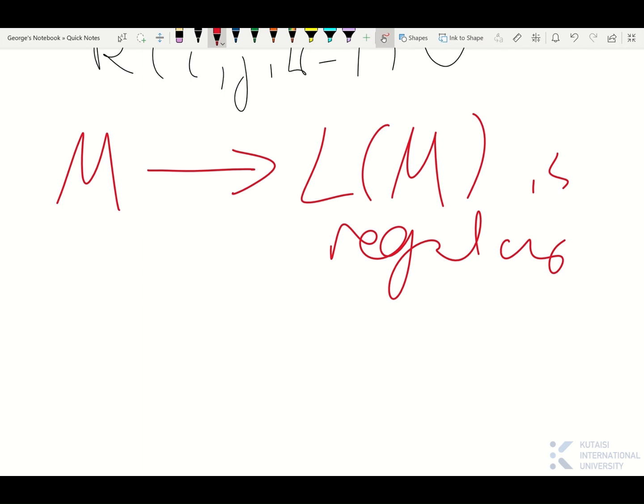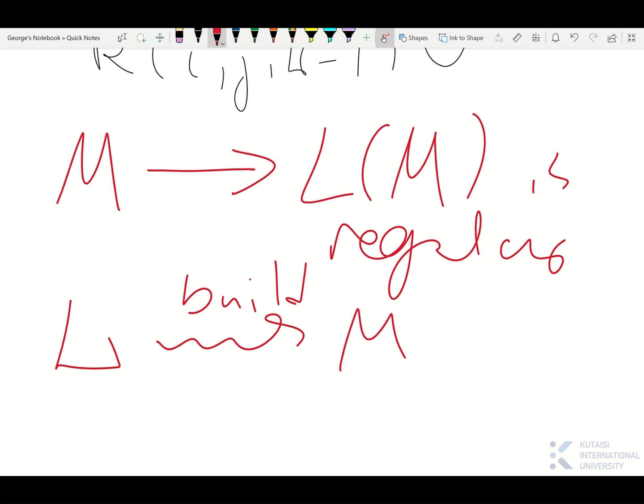I want to start with a language and build M. First I started with M and I proved that whatever it accepts is regular. Now I want to start with just a general regular language and build the machine that accepts it.